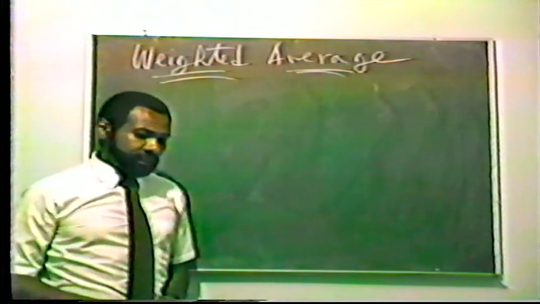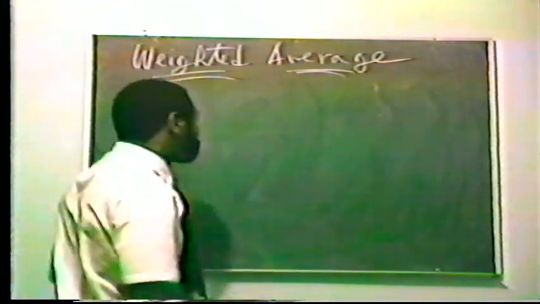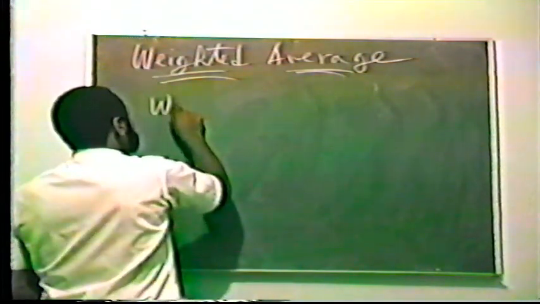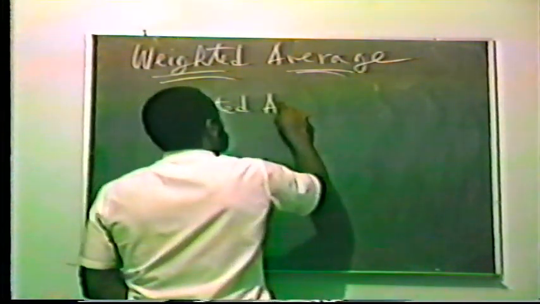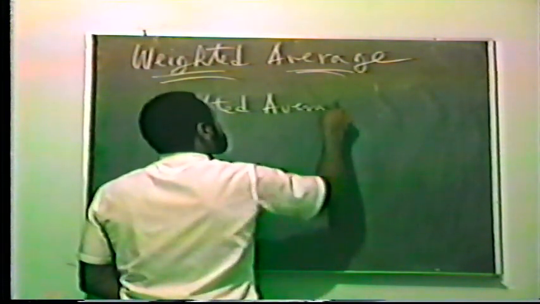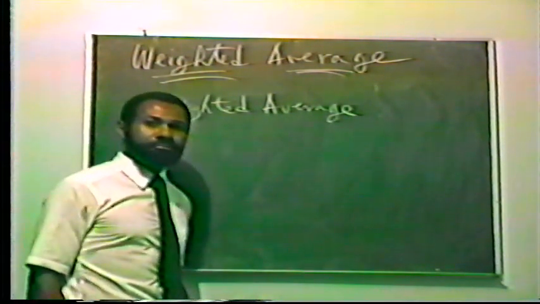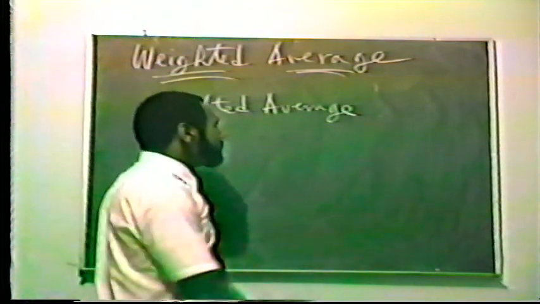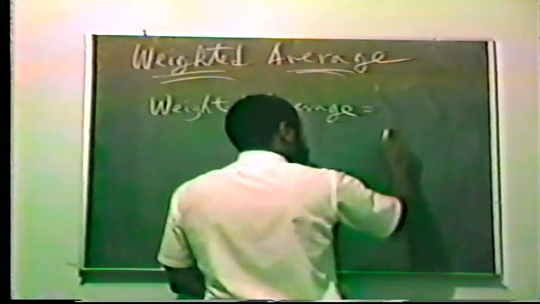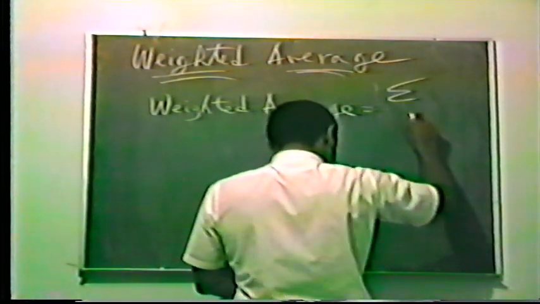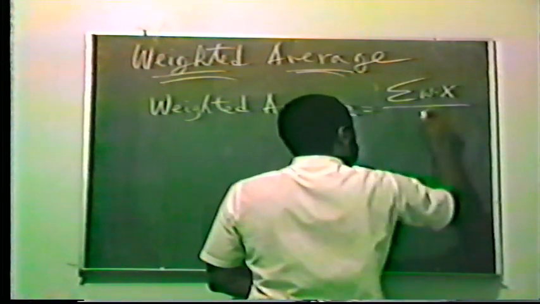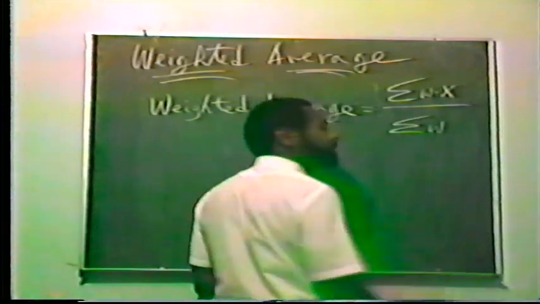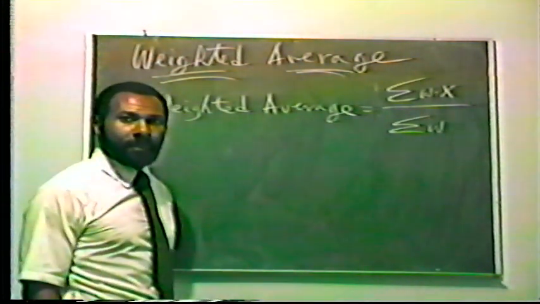The formula for the weighted average, or weighted mean, as it is sometimes called, is equal to the summation of W times X over the summation of W.